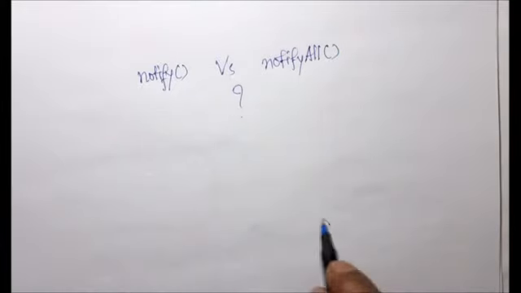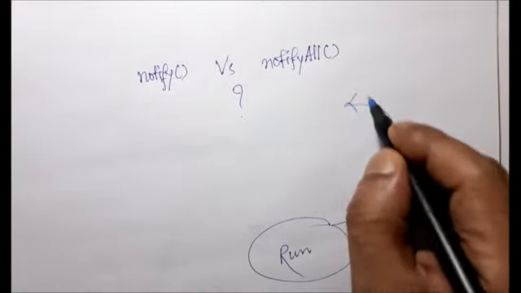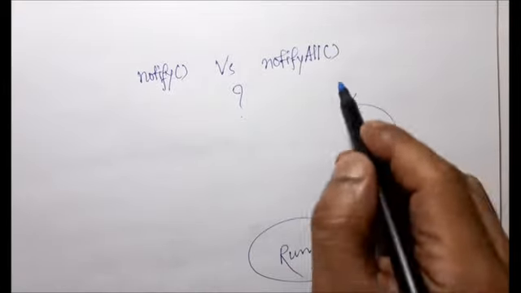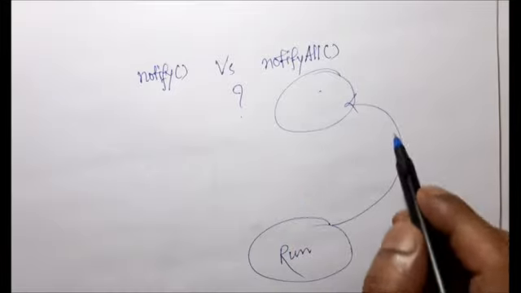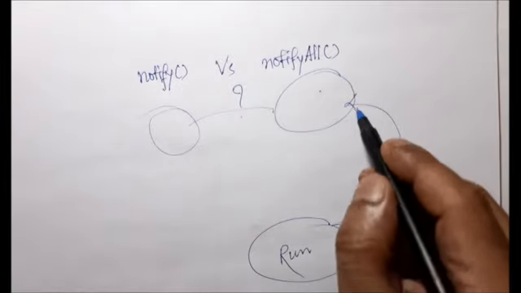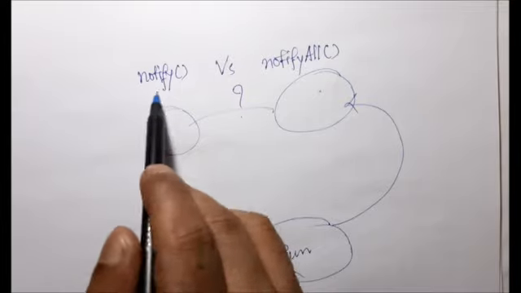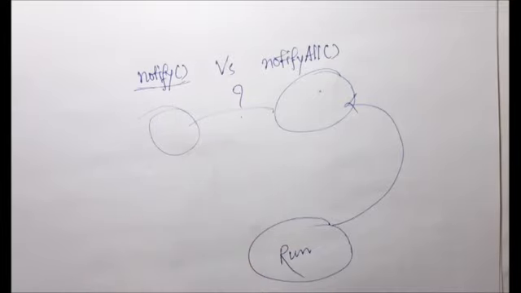You know that when a thread is in the running state and you call the wait method, it goes to the waiting state. When the waiting thread gets the notification, it moves to another state. Which thread will be notified? In case of notify, only one thread will be notified, the one who is waiting for this object lock.